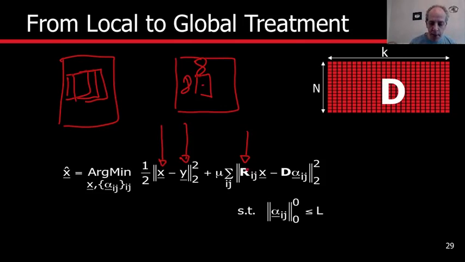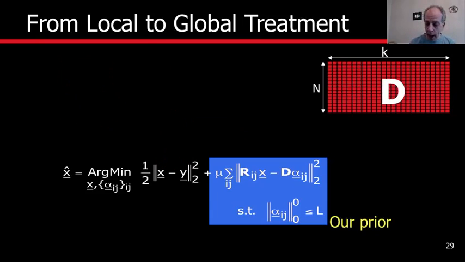So this is a binary matrix that extracts that patch. And it's the patch that we want to have a sparse code for it with a learned dictionary. So here's the sparsity. So we are not working on the whole image at once. We're working on all the overlapping patches of the image.